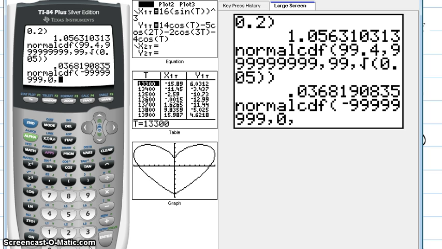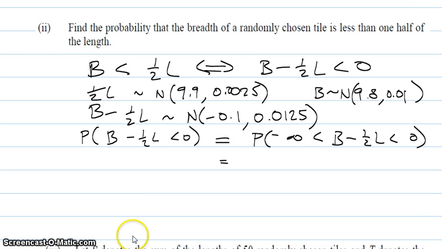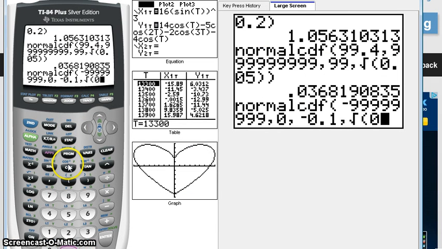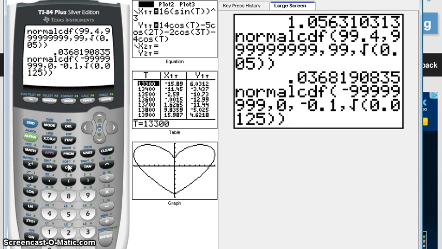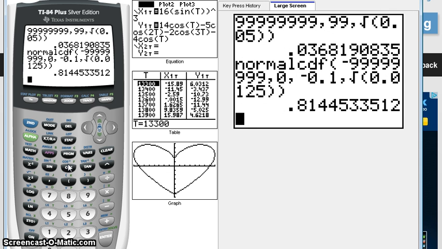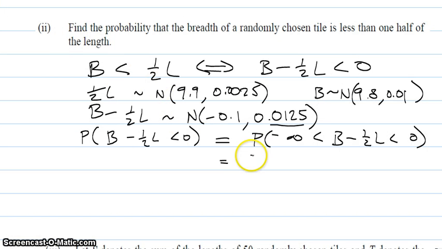My mean was negative 0.1. And my standard deviation was the square root of the variance I got beforehand, so I want the square root of that to find the standard deviation. So I key all that in and I find 0.814 to 3 significant figures is my answer.